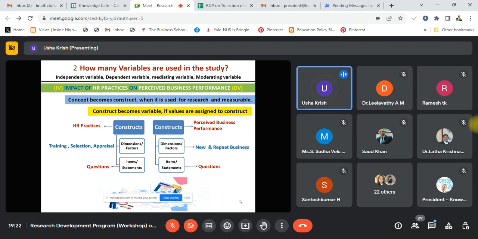Friends, before we take up the next criteria for discussion, I thought, let me explain the meaning of concept, construct, variables, dimensions, factors, items which we find in the research articles. For instance, yes, Ma'am, you said one sample t-test you will use.